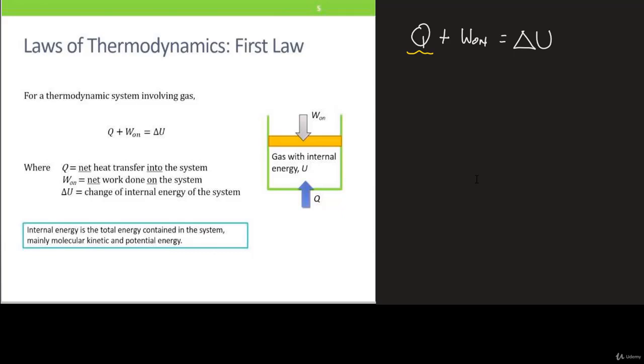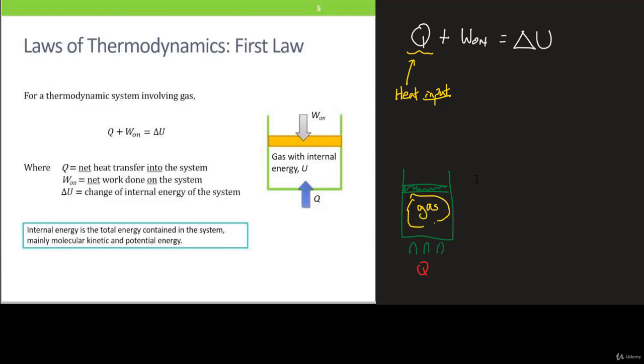Q means the amount of heat you put into a system. For example, if you heat up a gas in a piston cylinder kind of setup using a Bunsen burner, the amount of heat energy put into the gas is represented by this Q value.